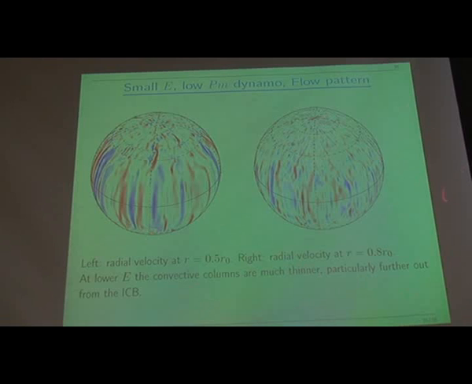And as you go further out, you can see the columns become thinner, but they're still much thinner than they were before, even in the interior. So the net effect of going down to lower E is always to make the columns thinner and thinner in these calculations. Ultimately, we believe that magnetic forces will stop that getting thinner and thinner, but it's very difficult to get there.